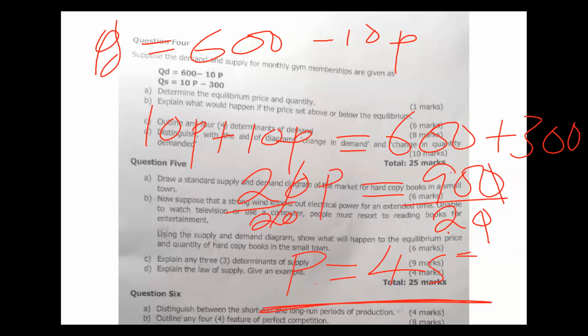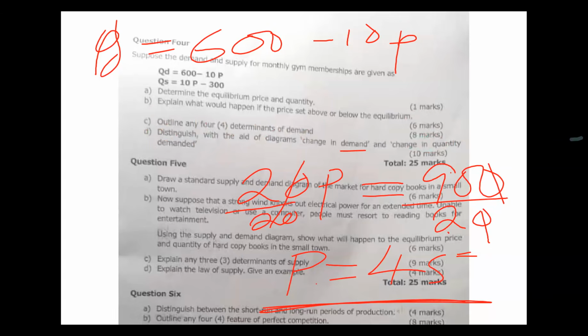Okay. Now that there is no question, we also want to find the quantity. We are asking for both price and quantity at equilibrium. Now that you have already found the price, we can substitute it into the quantity demanded equation. Once we substitute P into either of these two equations, the one for demand or the one for supply, we should be able to reach the answer.